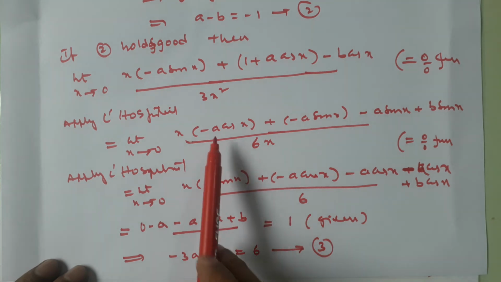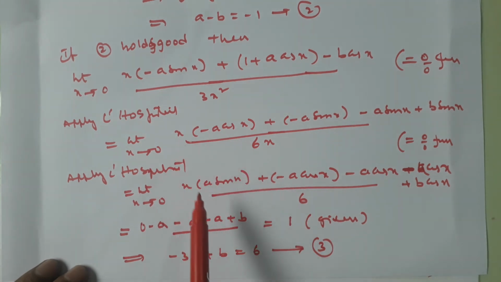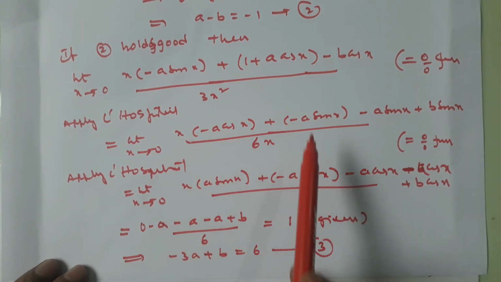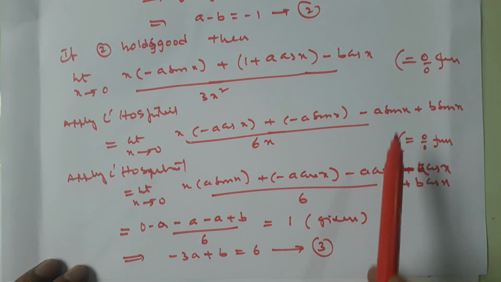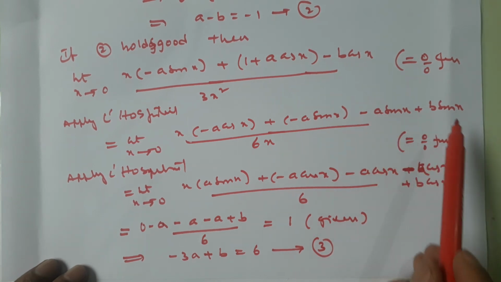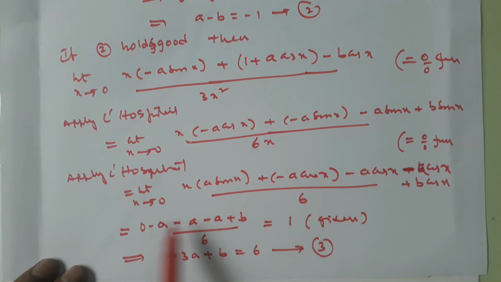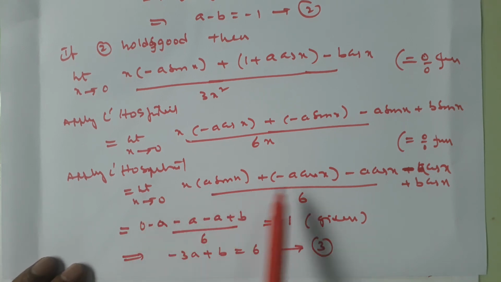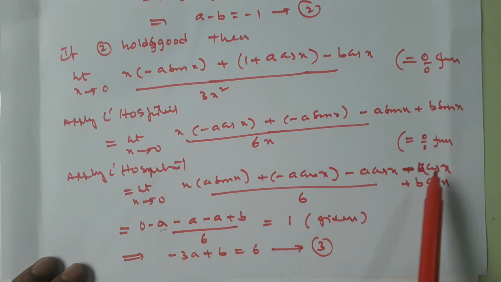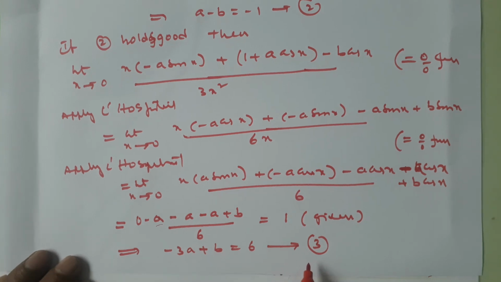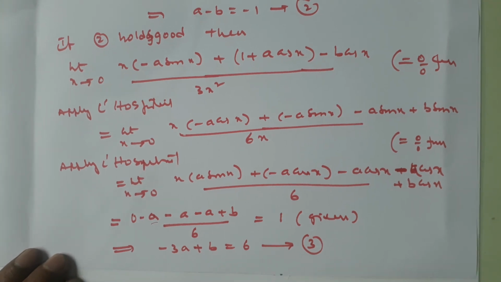Take x into a sin x differentiation, plus minus a cos x into 1, and this is minus a cos x, and this is minus a cos x plus b cos x, whole divided by 6. So limit x tends to 0 means this is 0 minus a plus b, whole divided by 6. It is minus 3a plus b is equal to 6. Take this as equation 3.